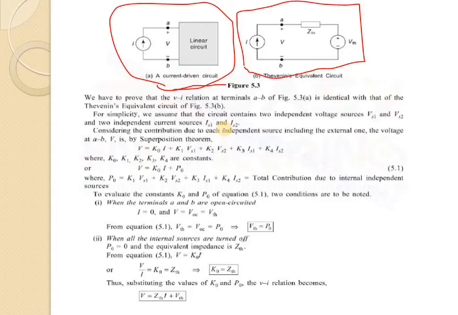Now, considering the contribution due to each independent source, the voltage at AB we can calculate by using the superposition theorem. So from there we can calculate the value of VTH and then ZTH.